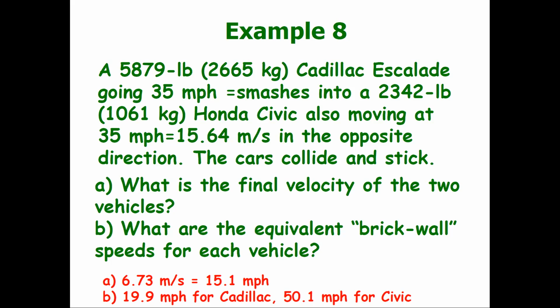The other one, moving at 15, is at a lower speed, so it is going to increase in speed. When two vehicles moving at different speeds collide, the vehicle at the higher speed will reduce in speed and the vehicle at the lower speed will increase in speed. This is what we call brake wall speeds.